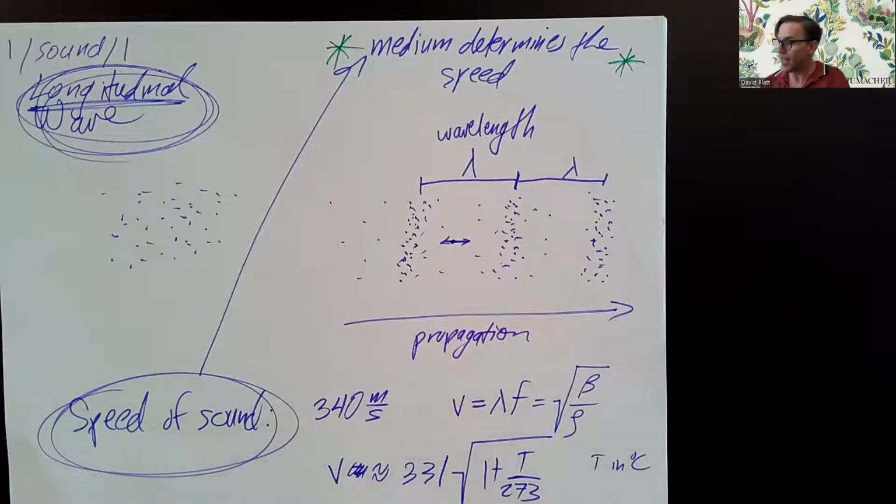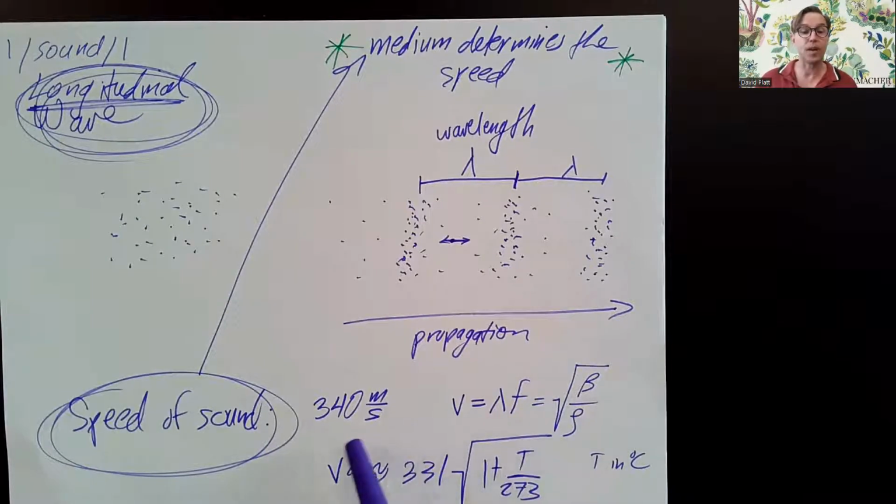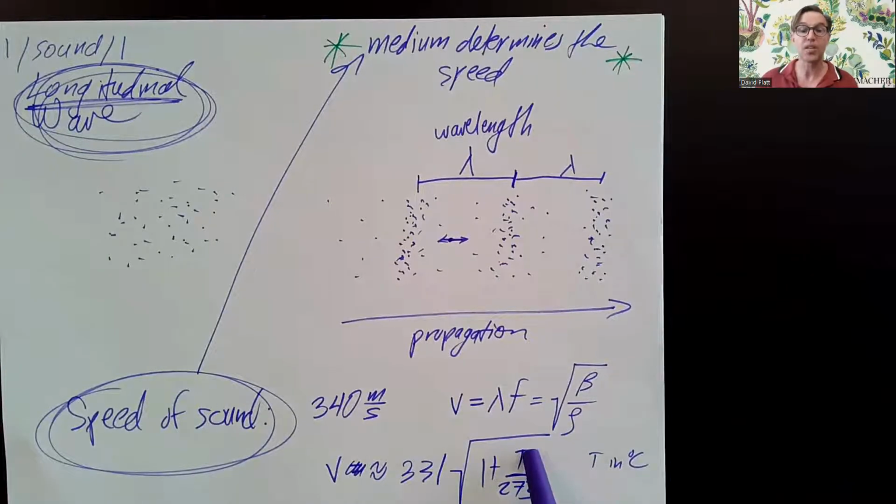In other words, if it were to get hotter in my classroom, say we're on a heat wave and it's 90 degrees in here, that would lead to a faster speed. Of course, 90 degrees is not in Celsius. So let's say a really hot day in Celsius is about 30 degrees.